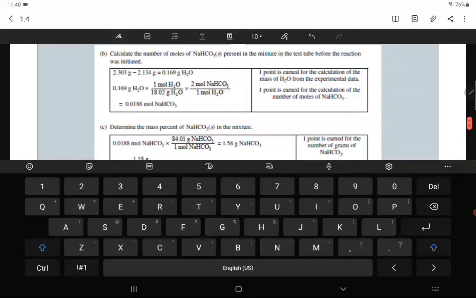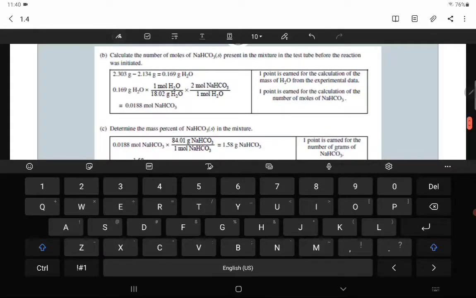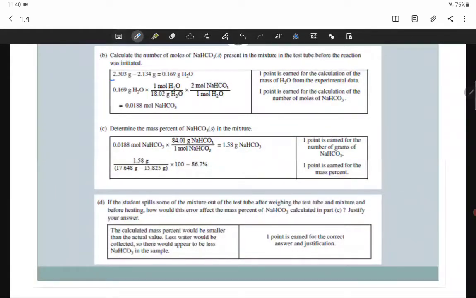Okay, so let's go back to they took these two drying agent amounts. This is the drying agent with the water, and this is the drying agent before you started. If you subtract those two, that gives you the mass of water.